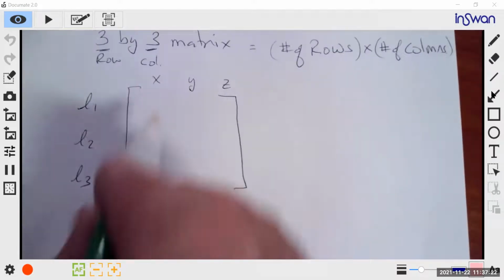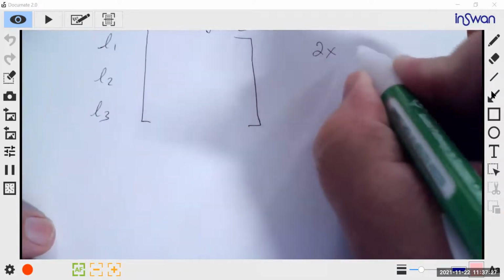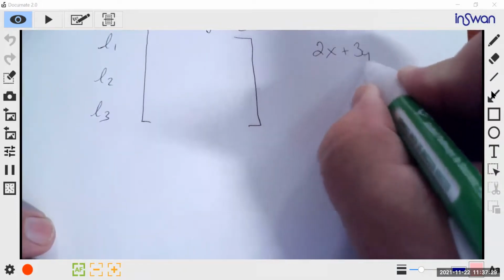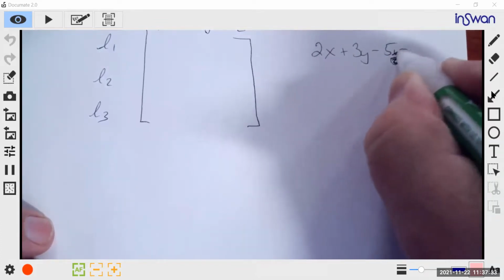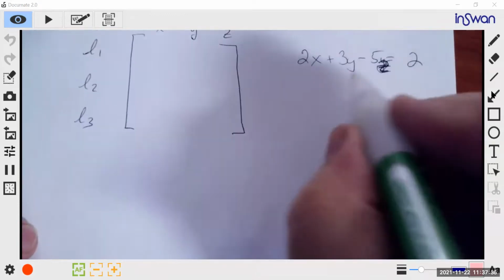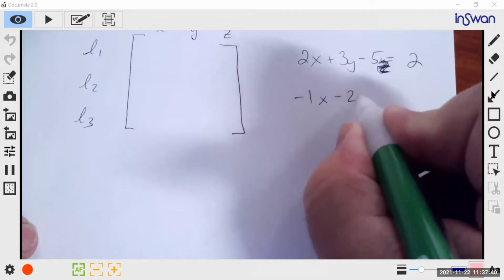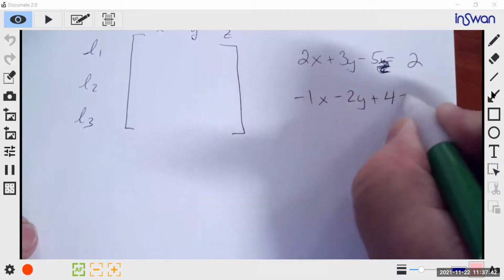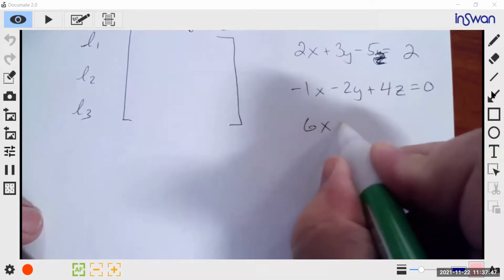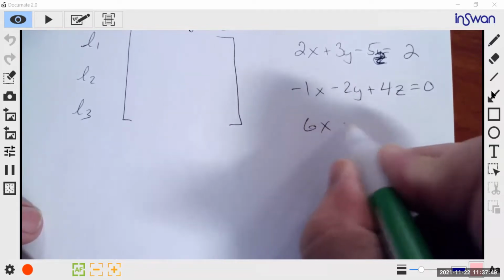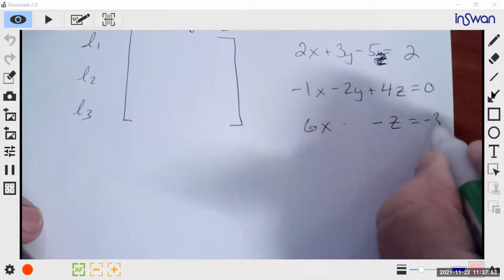Well, some will have it. So if I had the equations 2x plus 3y minus 5z equals 2, negative 1x minus 2y plus 4z equals 0, 6x minus z equals negative 3.